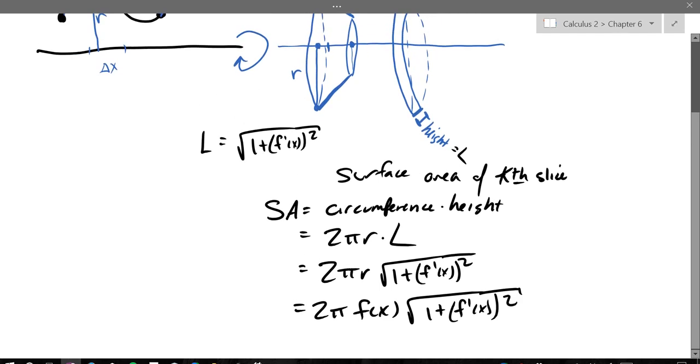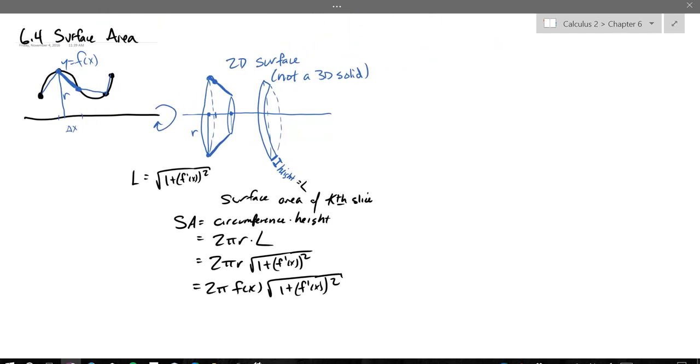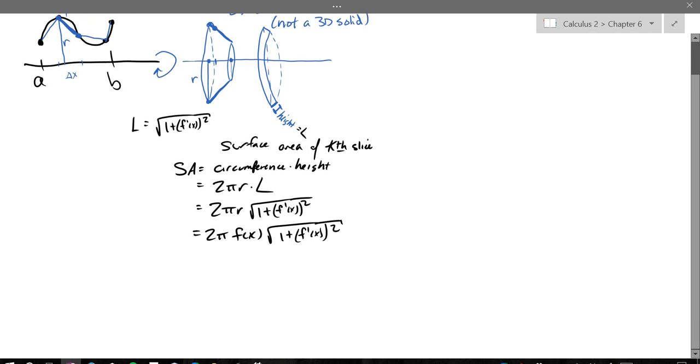So how do we get the full surface area? We're just going to integrate each of these with a dx at the end from first x coordinate to last x coordinate. So we got a to b. So our full surface area, let's use S for surface area.